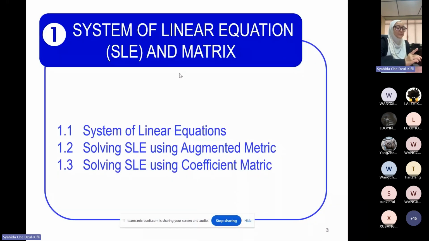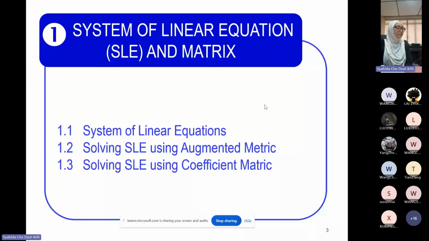The first section is systems of linear equation. Second and third are methods to solve systems of linear equation using matrix. So there are going to be 2 types of matrices. That is why the topic is systems of linear equation and matrix. Okay, so let us continue.